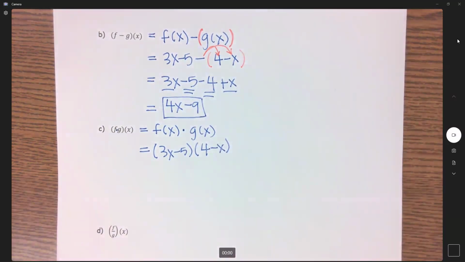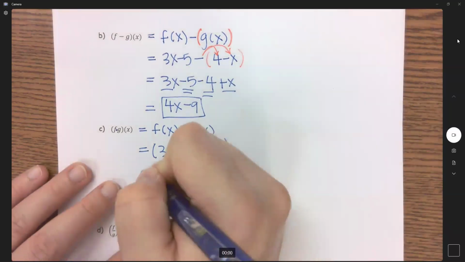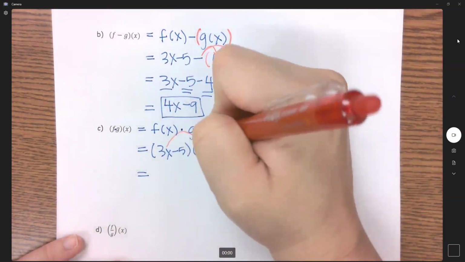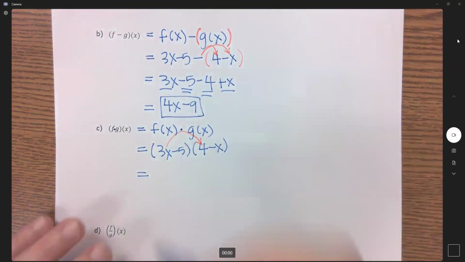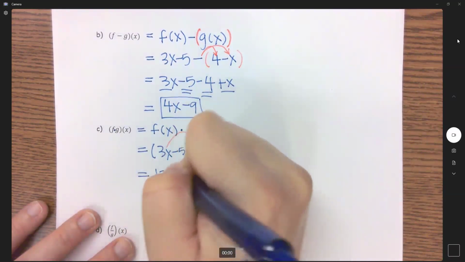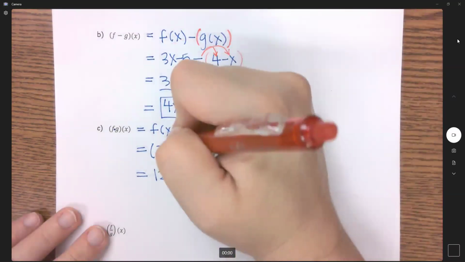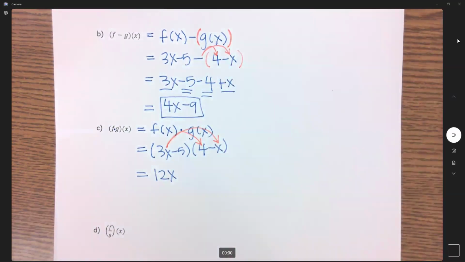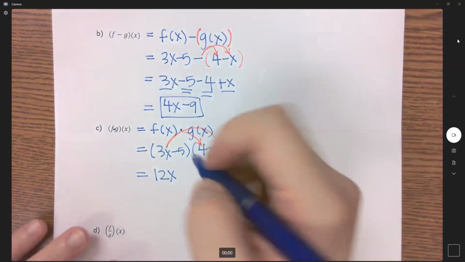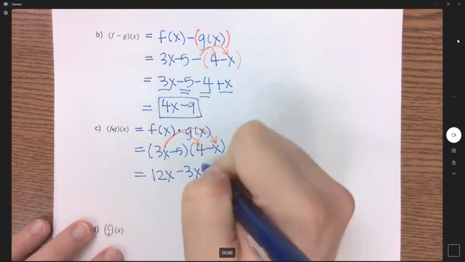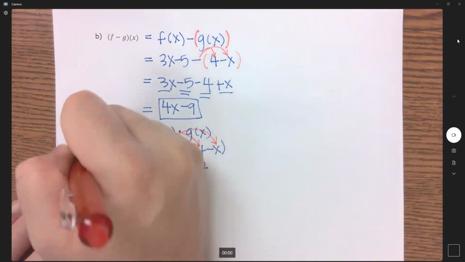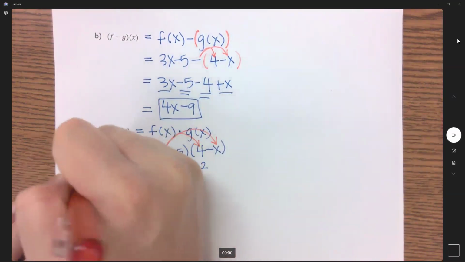So when I multiply two binomials, we use FOIL. So my first is 3x times 4 to give me 12x. My outer, 3x times negative x, gives me a negative 3x squared. First, outer, inner, last.